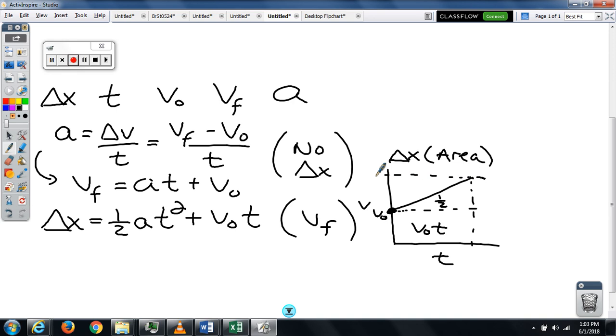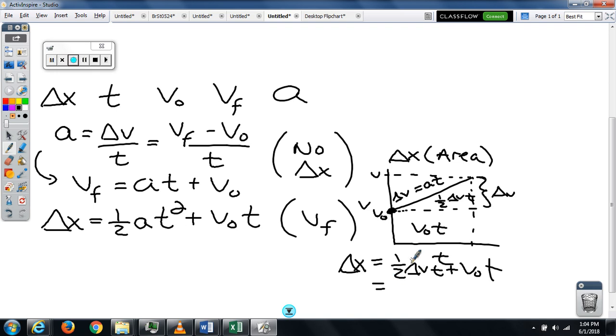this is some velocity up here. This would be delta v times t. But the definition of acceleration is delta v equals a times t. So the total area equals 1/2 delta v times t plus v0 times t.